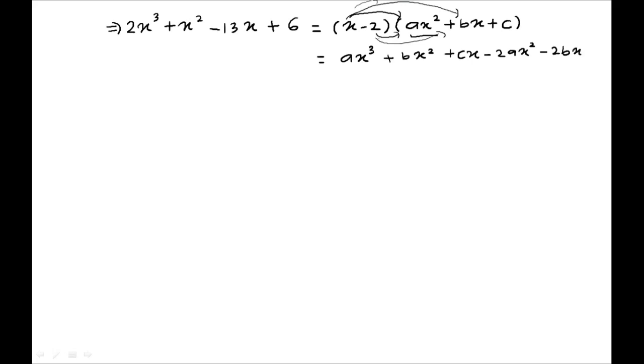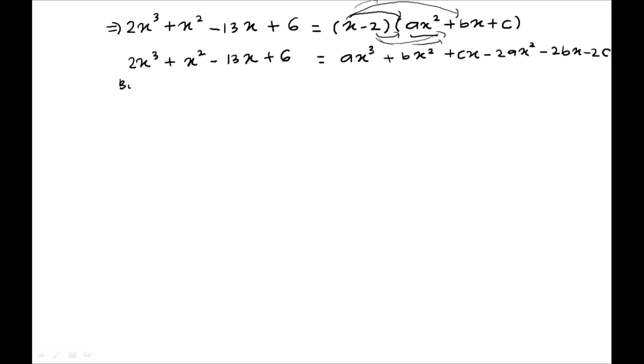And lastly, negative 2 times c, negative 2c. Okay. Now the right hand side, ax cubed plus bx squared plus cx minus 2ax squared minus 2bx minus 2c, is the same as the left hand side, which is 2x cubed plus x squared minus 13x plus 6.